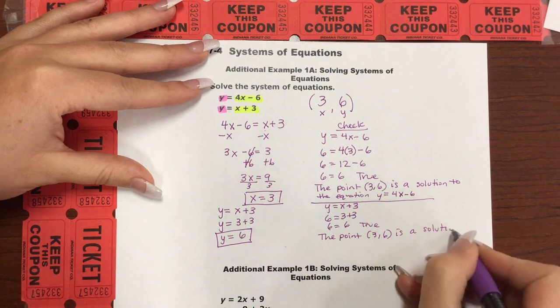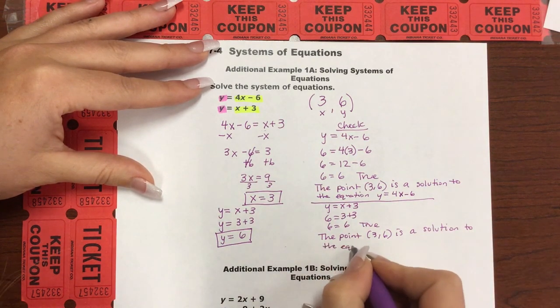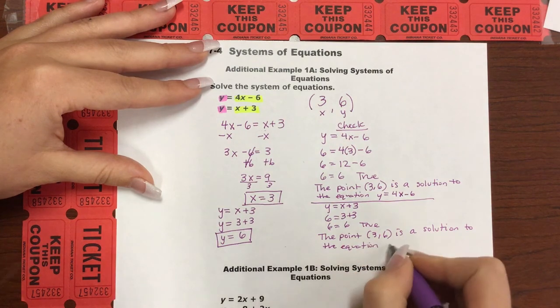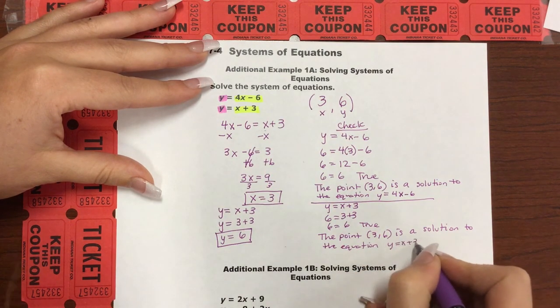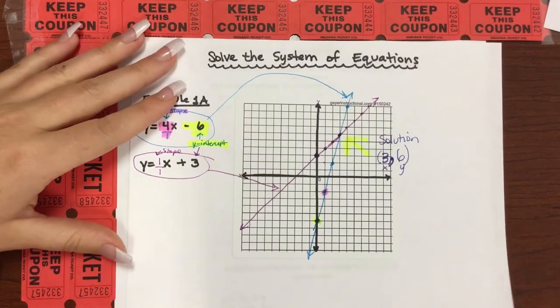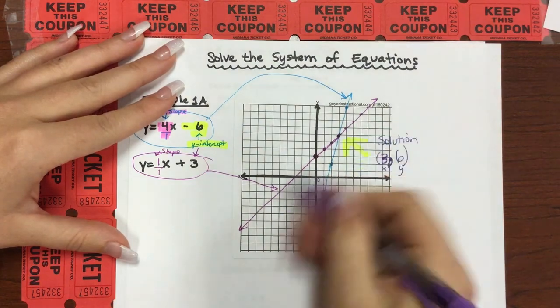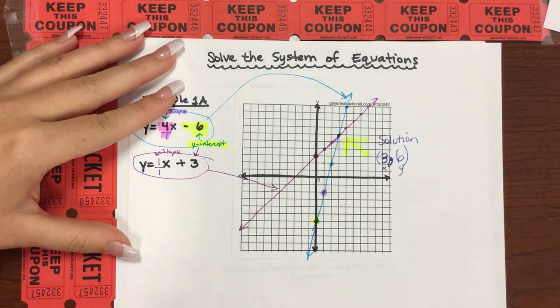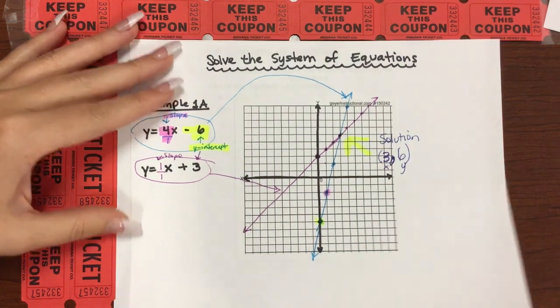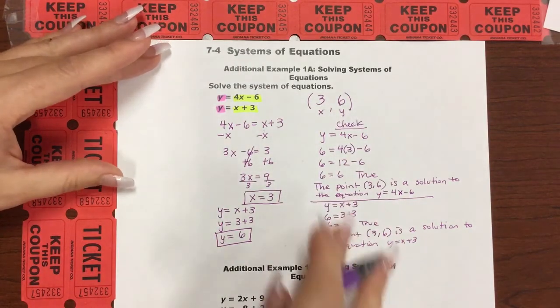It means it's a point on the line. It's a solution to the equation y equals x plus 3. And it's very, very important to know that since 3, 6 is a point on this line, and it's also a point on this line, that is the point where they intersect. So that means, again, it's the solution. That's what you're doing when you're doing this check.